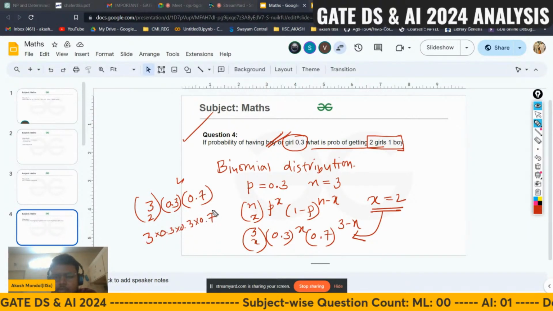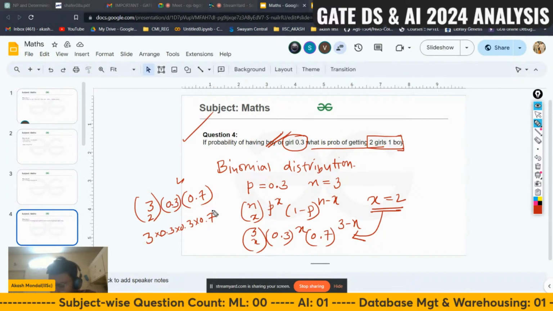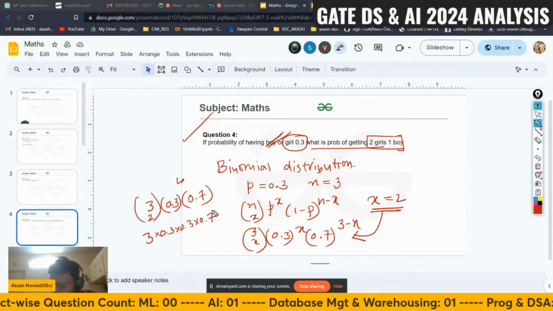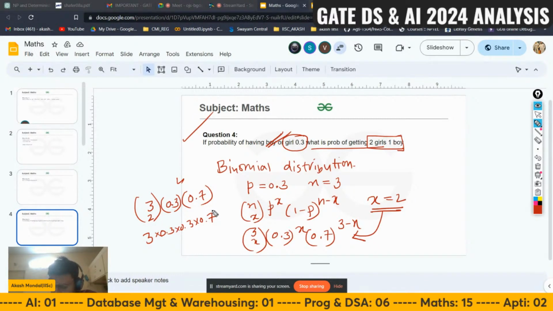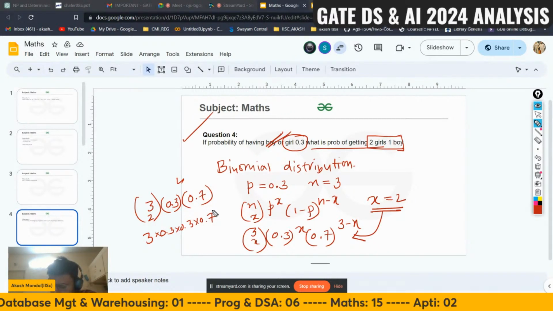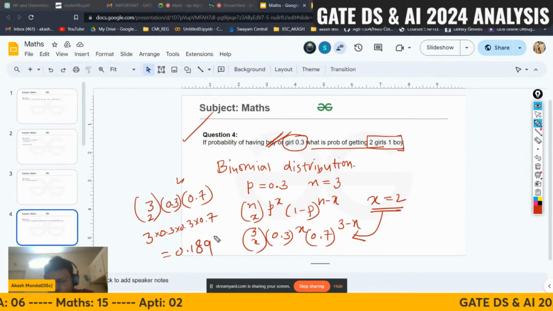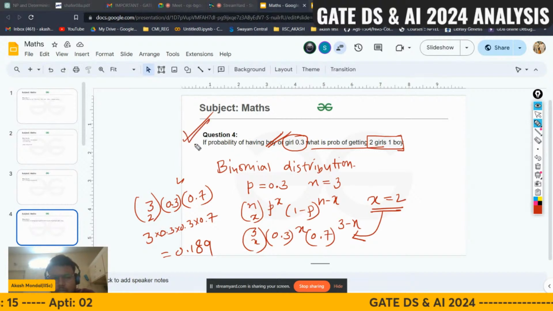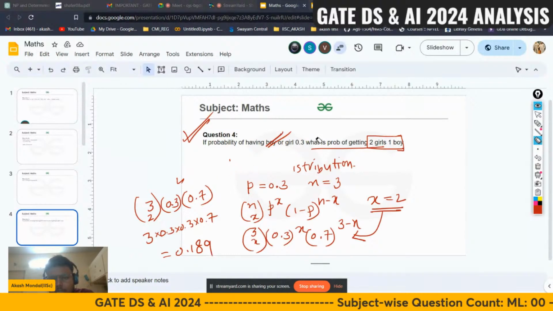Let me calculate this. So 0.189 is the answer to this question. This is a basic question. One can easily solve it, and if he or she knows about binomial distribution, it's pretty straightforward.